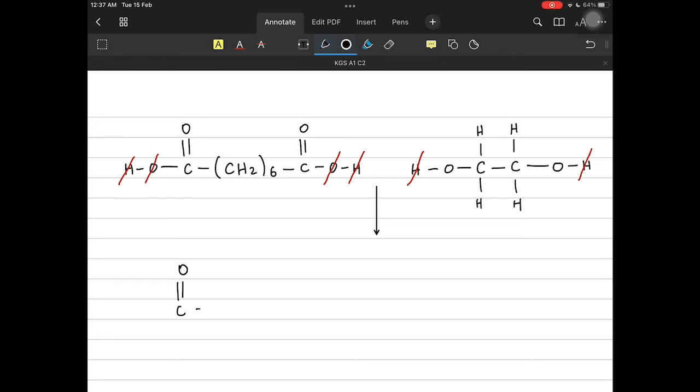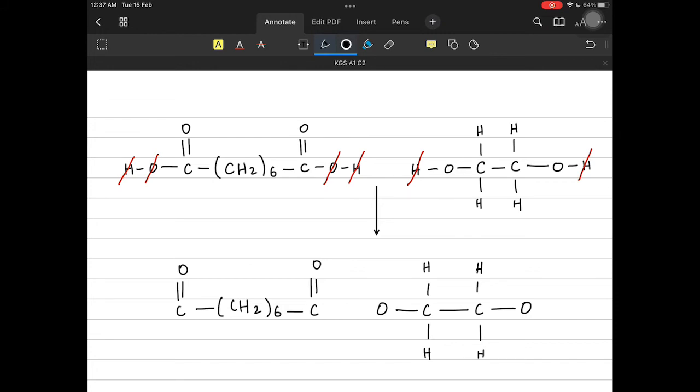Let's copy everything else: the carbon double bonded oxygen, the bracket CH2, the 6 outside it, the carbon double bonded oxygen again. Not the OH, because you know the OH is gone obviously. Even for the other molecule, copy everything apart from the H, because the OH part lets go of the H atom. So copy everything else.